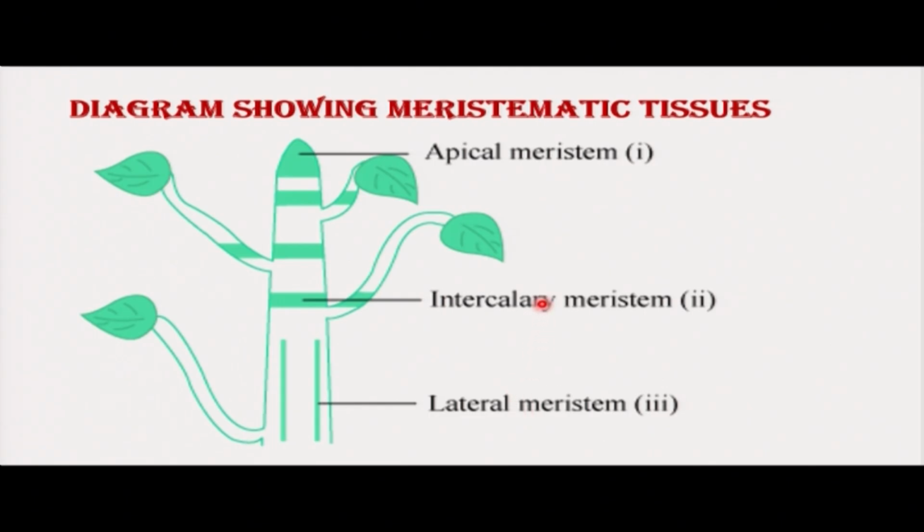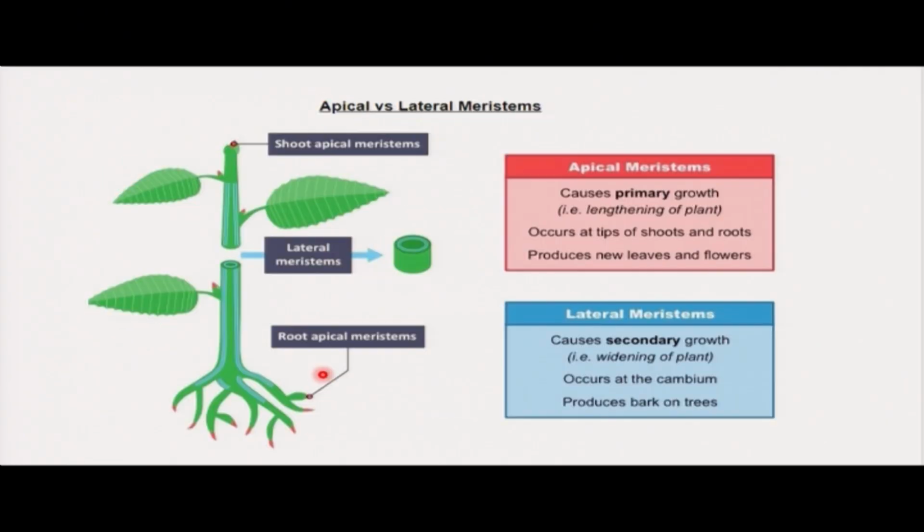Those are three different types of meristematic tissues. We have apical meristem, we have intercalary meristem, and then we have lateral meristem. You can see how they are facing upwards.